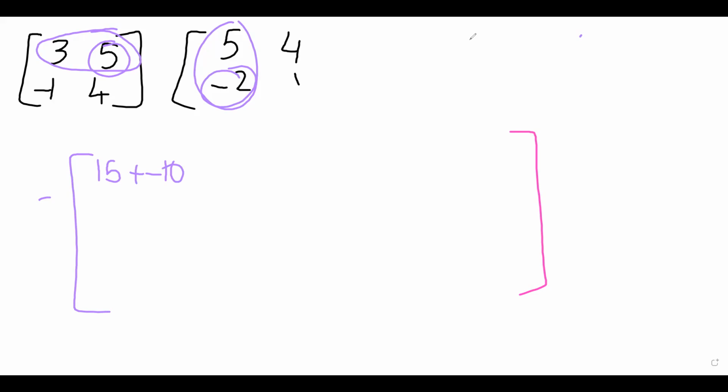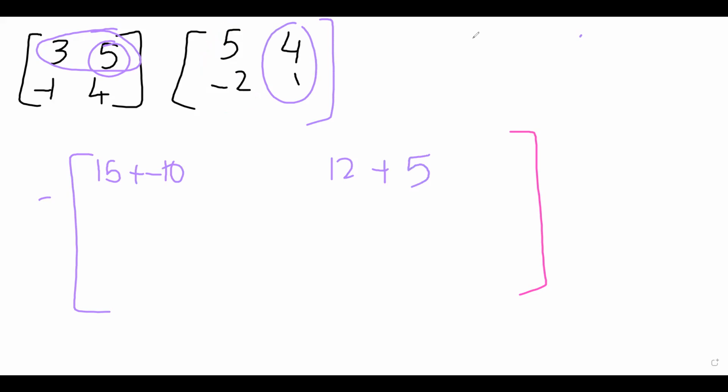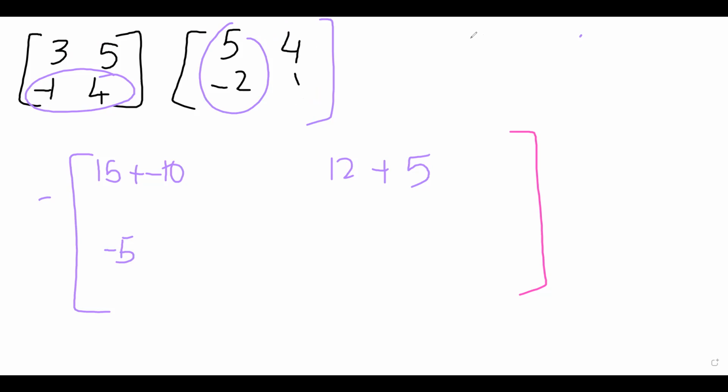Then the same row, but now with the second column. So 3 times 4 is 12, plus 5 times 1 is 5. Then this row now with the first column, like -1 times 5, which is -5, plus 4 times -2, which is -8.